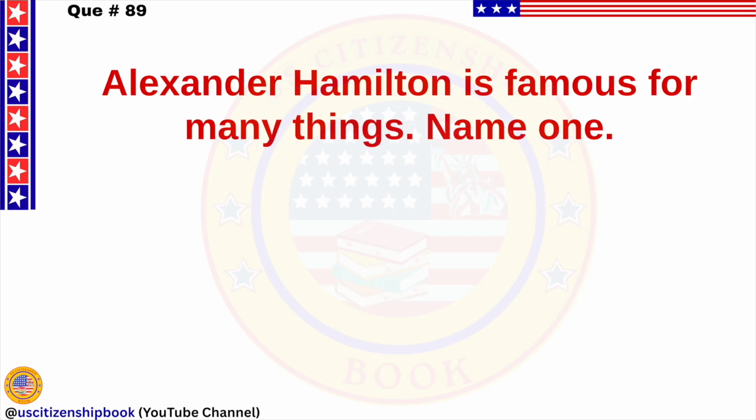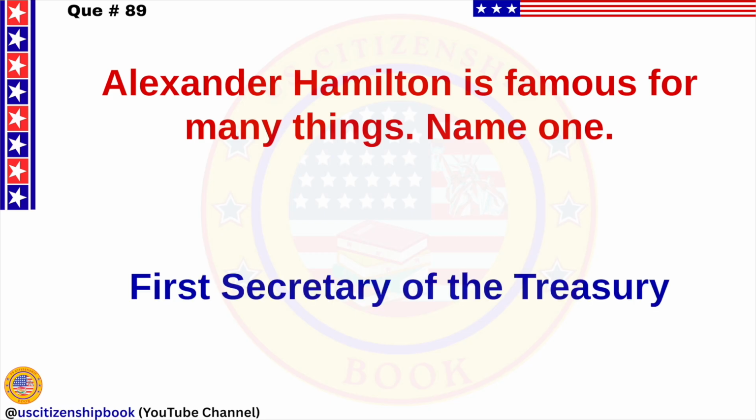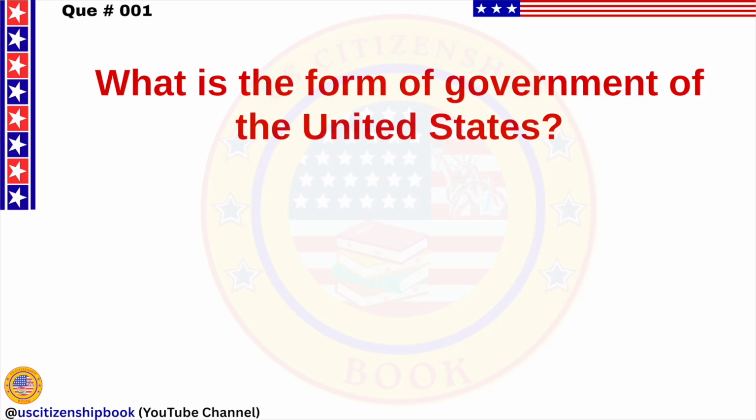Alexander Hamilton is famous for many things. Name one. First Secretary of the Treasury. What is the form of government of the United States? Republic.